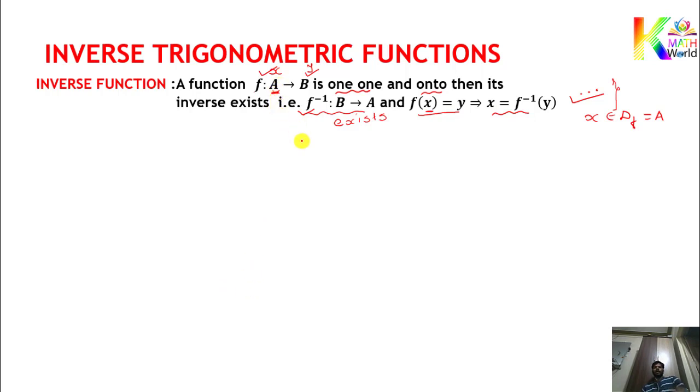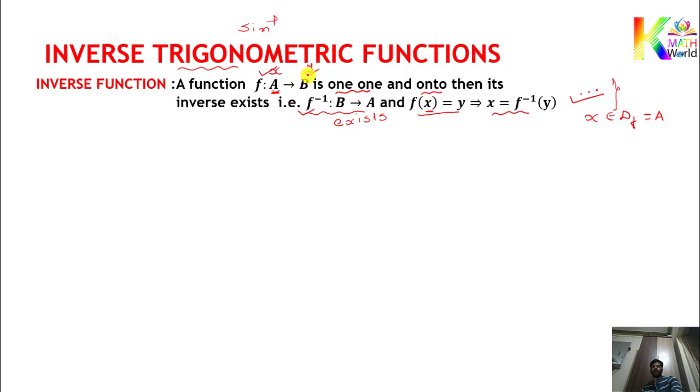In the same way, here we discuss inverse trigonometric functions. Firstly we consider the first inverse trigonometric function, that is sine inverse. We will consider the one-one and onto function.